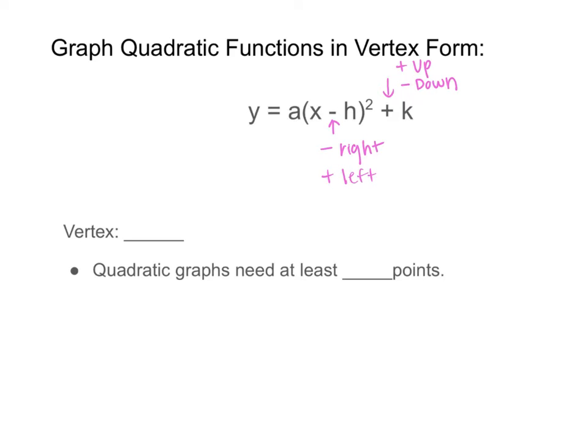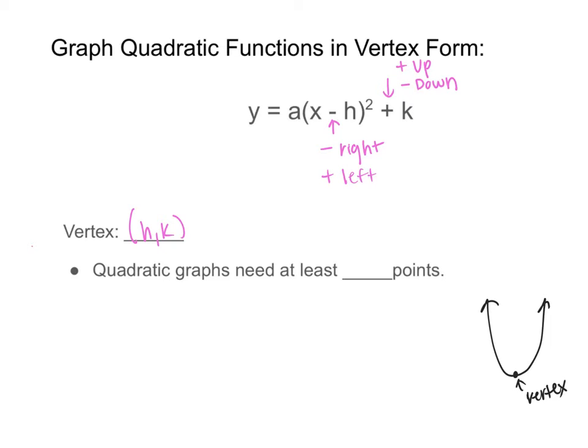And then the h and the k will be the numbers that help you plot your vertex. A vertex is, when you have a parabola, basically the middle point of your parabola. And that's important because that helps you figure out if this is a minimum or a maximum.